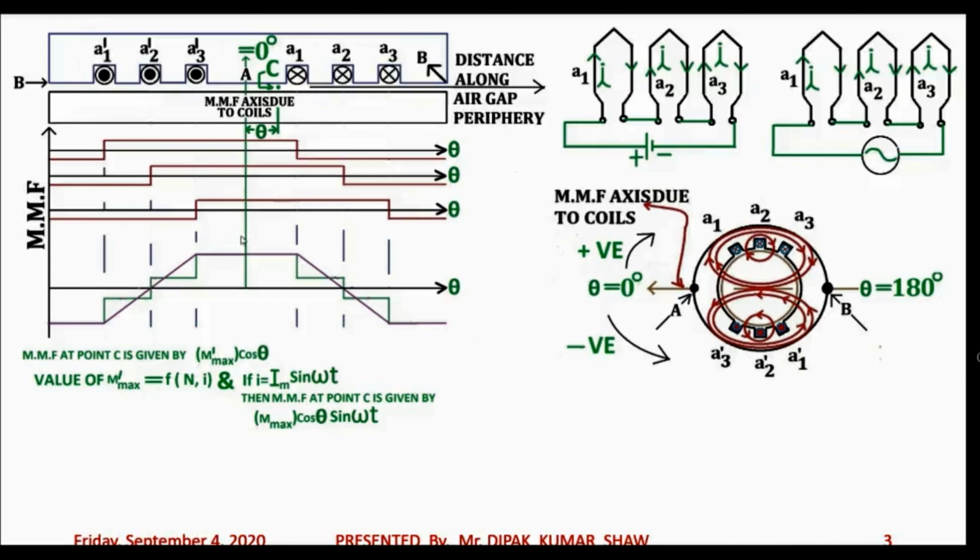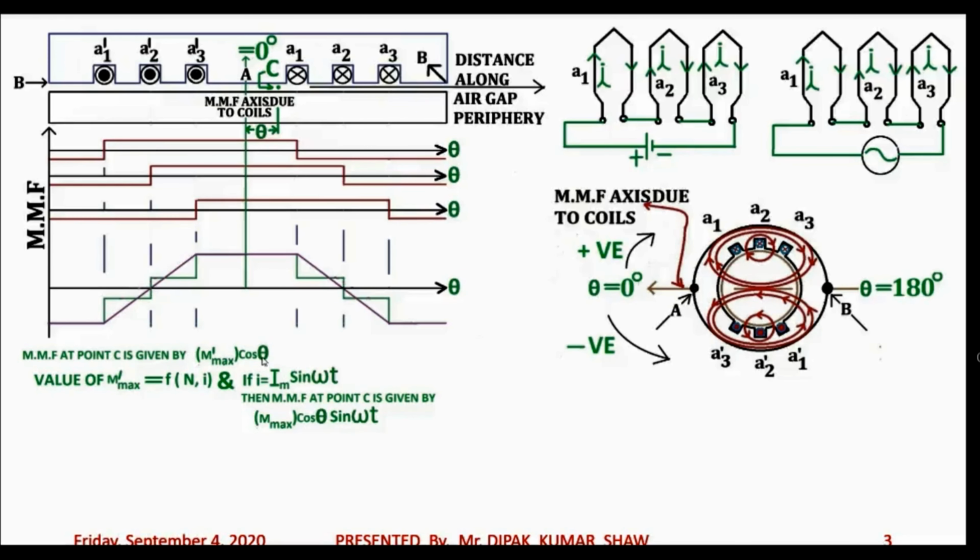So along this axis the positive peak will be happening. So we can say that the MMF at point C in the air gap, which is theta degree away from the reference axis, will be given by M dash max into cos theta.